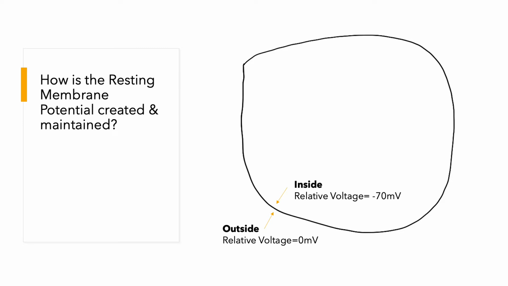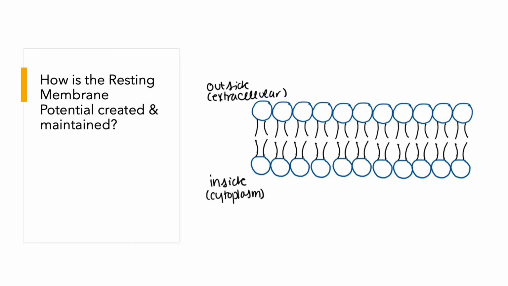Now let's zoom in on the membrane to see how the resting membrane potential is created and maintained. For orientation, here is the phospholipid bilayer with phosphate heads in blue and simplified lipid tails in black. You can see the outside or extracellular part and the inside, which has the cytoplasm.